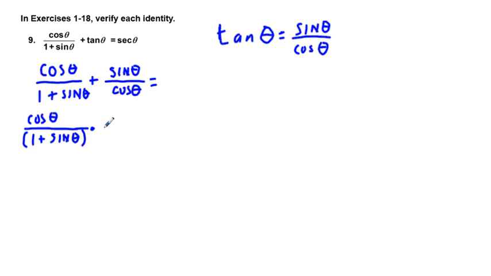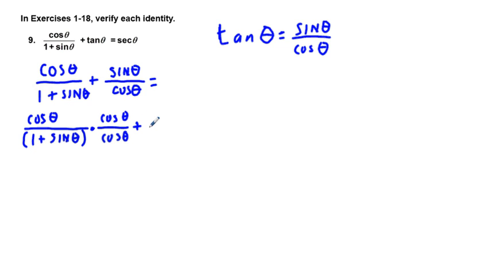For the first term, we multiply by cosine theta over cosine theta. Do you realize that when we multiply by cosine theta over cosine theta, we have not changed the integrity of cosine theta over 1 plus sine theta?